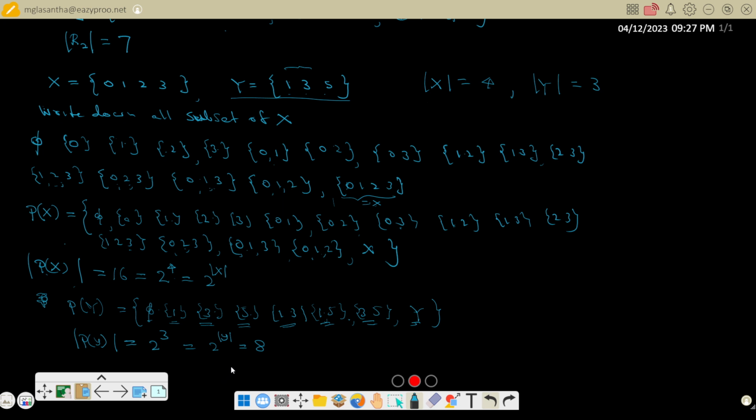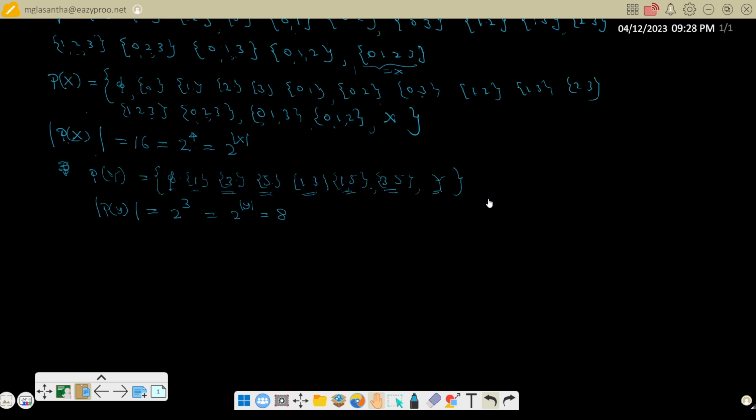So the power set includes all subsets of the given set. Can you tell me the power set if you take a set like this?